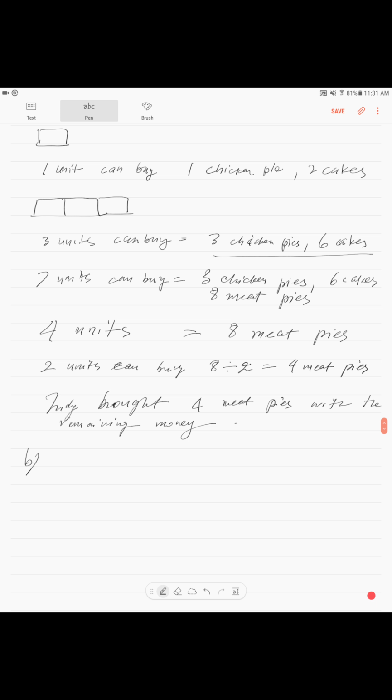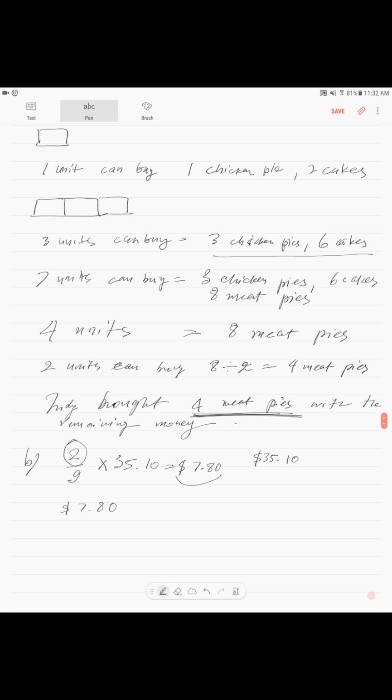We have our fraction, our 2 units, 2/9, and the total money we know: $35.10. These 2 units, or the fraction 2/9, is $7.80. Now this was spent on the meat pies.